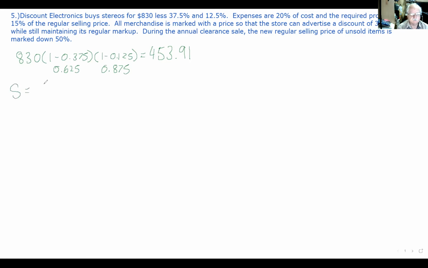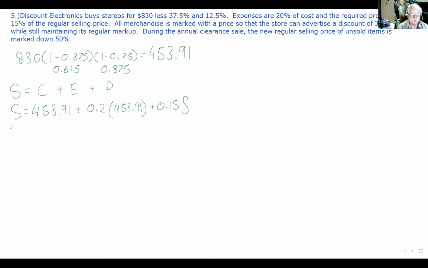So S equals C plus E plus P. So S equals cost, 453.91, plus expenses, which is 0.2 of cost, 453.91, plus profit, which is 15%, 0.15, but of the regular selling price.